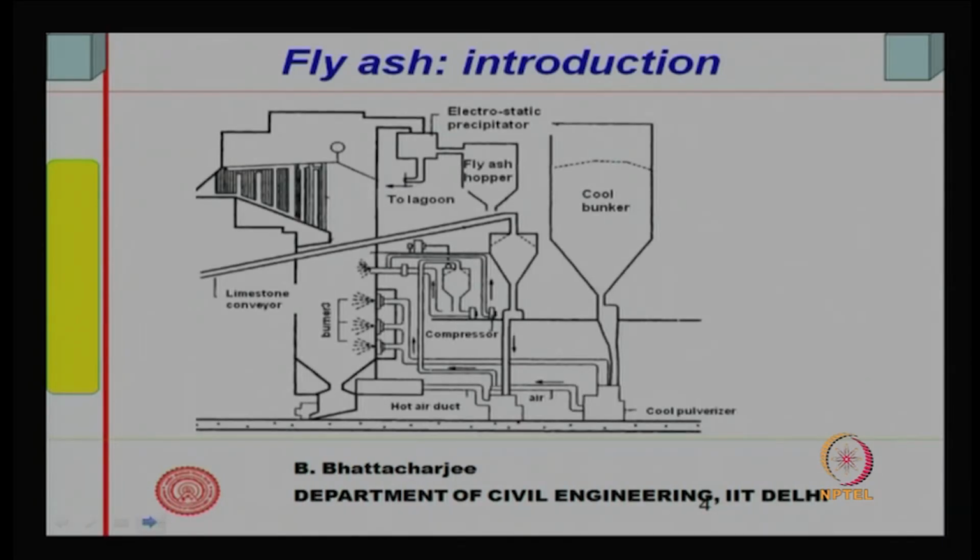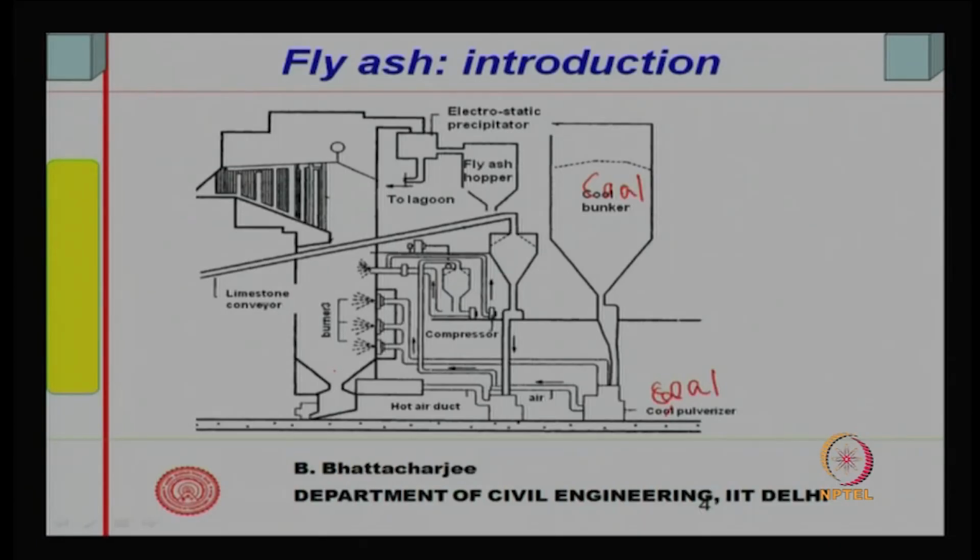Now, this shows the fly ash production again. You see, this is the coal bunker, from where the coal comes to the pulverizer, the coal pulverizer, and then this pulverized coal is put into the burning process or furnace, from where the flue gases will be generated.